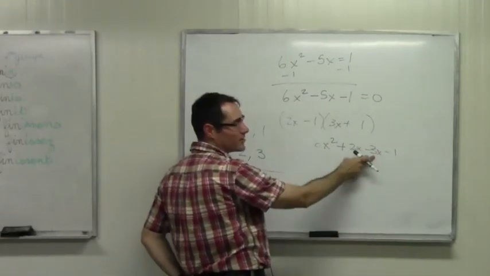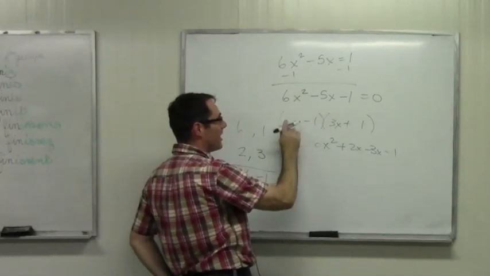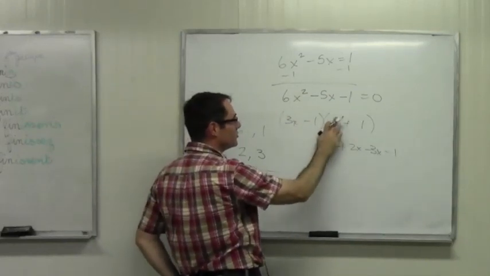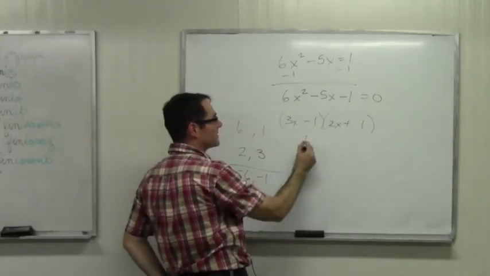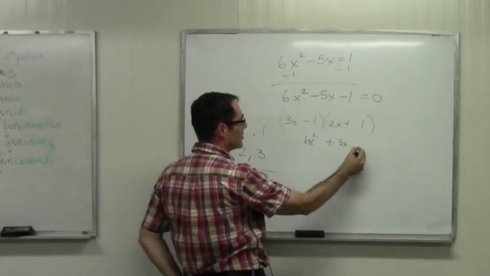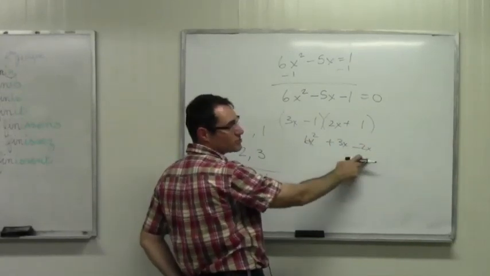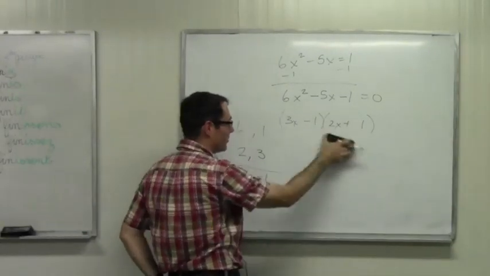What's 2x minus 3x? Is that negative 5x? No, so that doesn't work. If you try the opposite one, 3x and 2x, you would get 6x squared, outer plus 3x and inner minus 2x. Same thing, 3x minus 2x, not negative 5x. So that one doesn't work. So we know those two don't work.